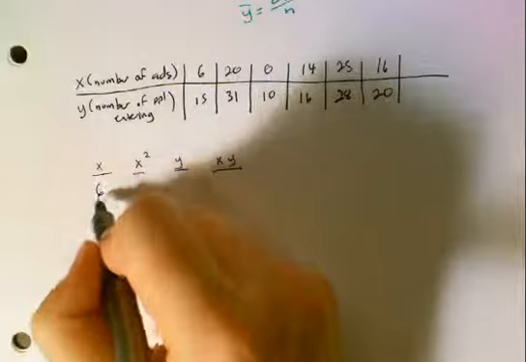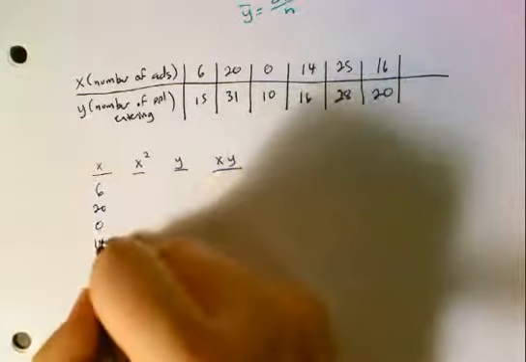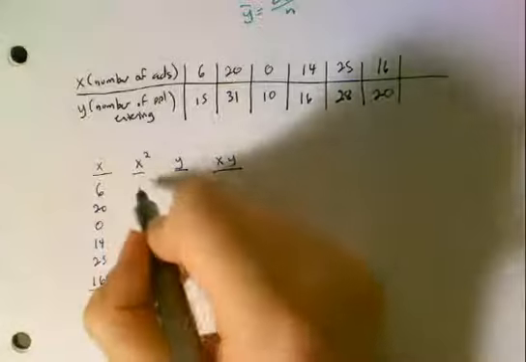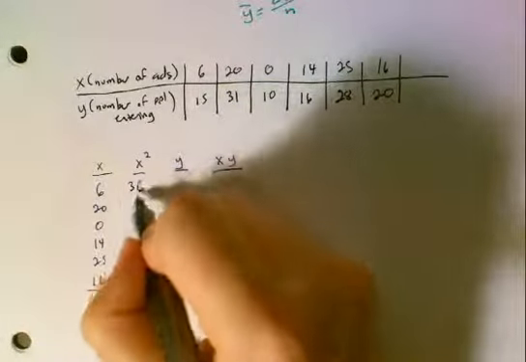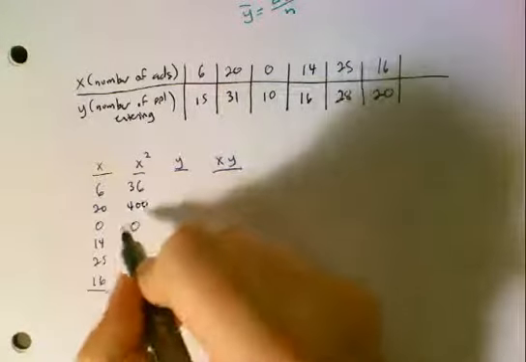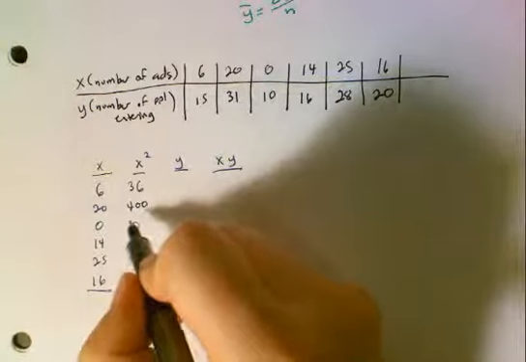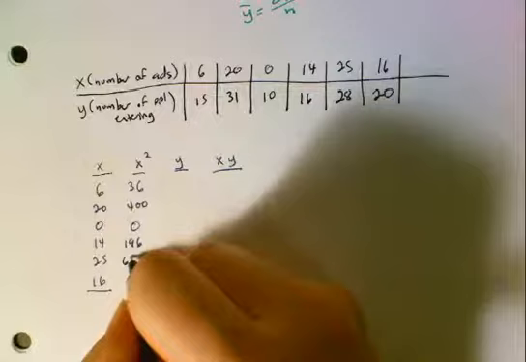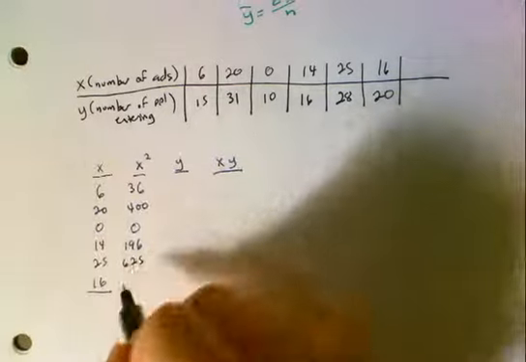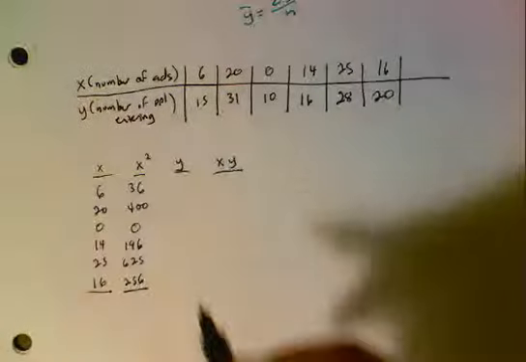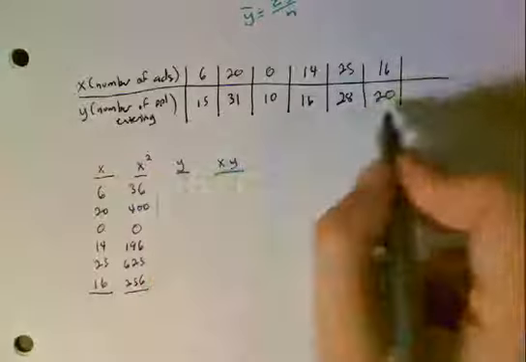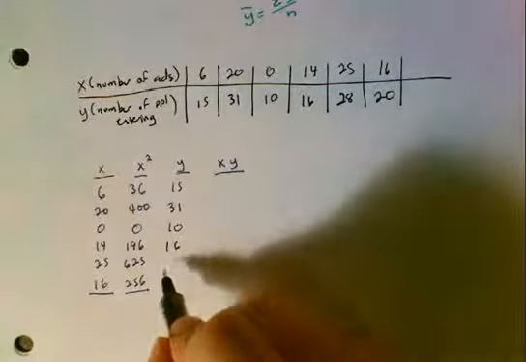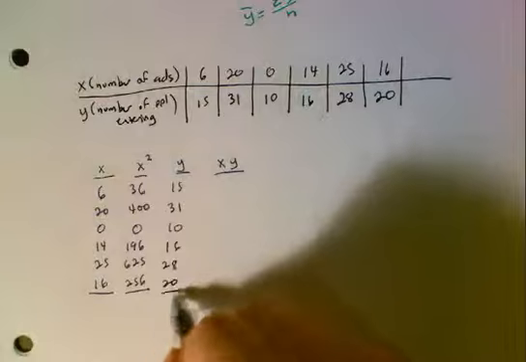Okay, so x is 6, 20, 0, 14, 25, and 16. X squared: 36, 400, 0, 196, 625, 256. Y is right here: 15, 31, 10, 16, 28, and 20.